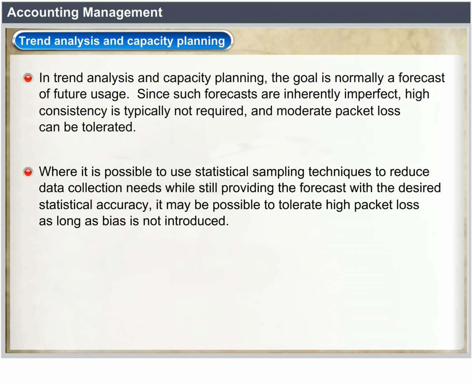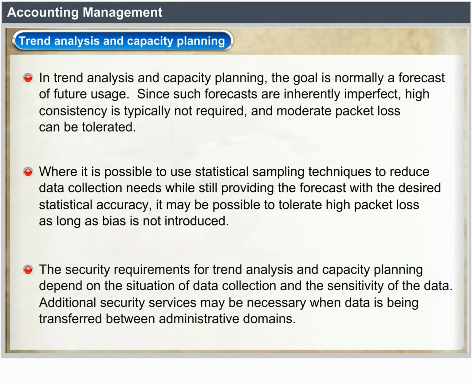Where it is possible to use statistical sampling techniques to reduce data collection requirements while still providing the forecast with the desired statistical accuracy, it may be possible to tolerate high packet loss as long as bias is not introduced. The security requirements for trend analysis and capacity planning depend on the circumstances of data collection and the sensitivity of the data.